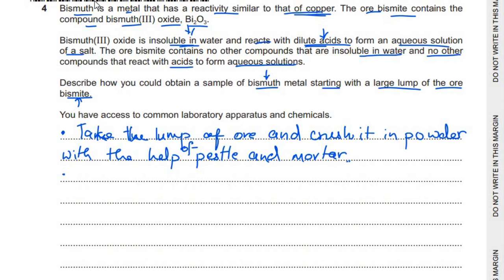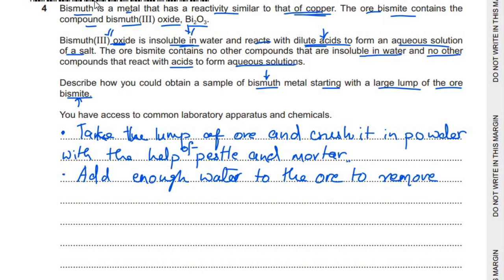But to get bismuth oxide, first we have to remove all the other insoluble impurities present along with it. So we add enough water to the ore to remove any other impurities. Now, if bismuth oxide is insoluble in water, the second step is to filter the mixture.